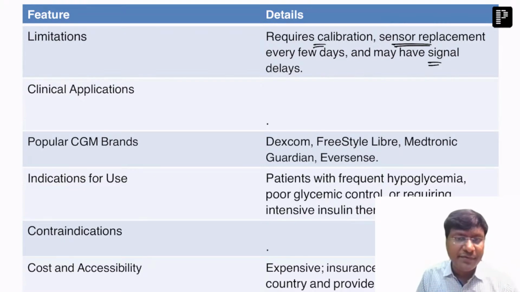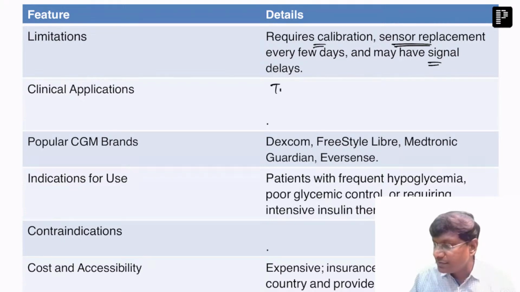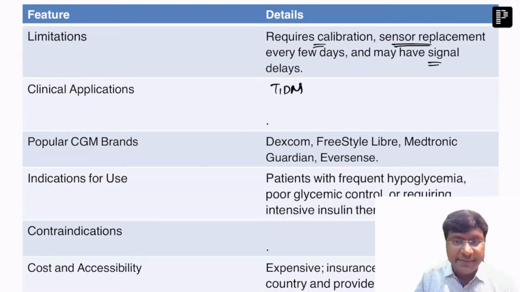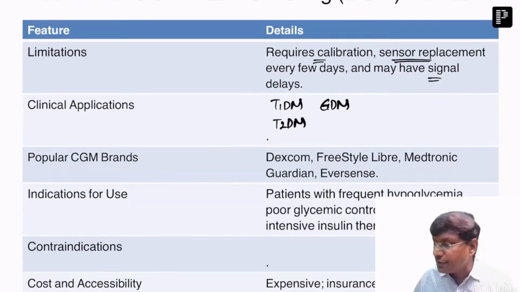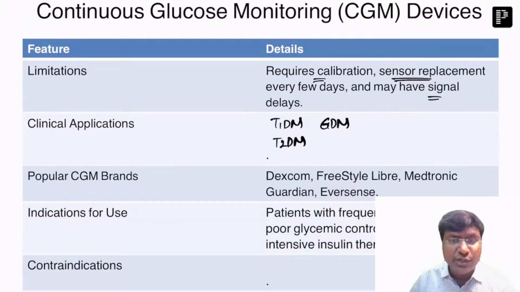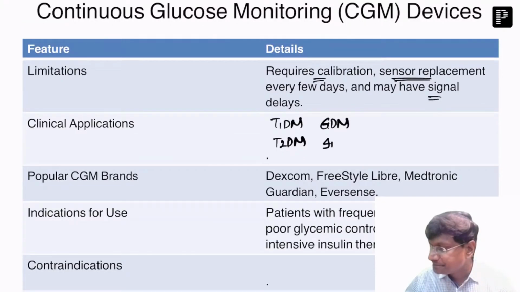Now, in which group of individuals do you require this CGM? It is used in patients with type 1 diabetes mellitus, type 2 diabetes mellitus, and also in GDM patients, that is gestational diabetes mellitus, and even during intensive insulin therapy.